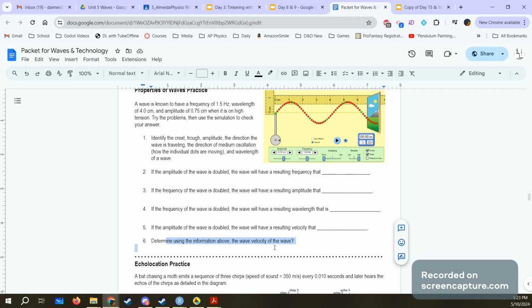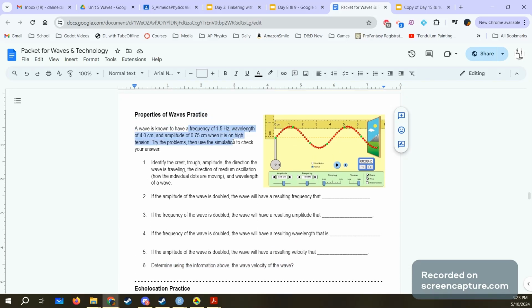To try and figure out what the velocity is, we have to think back to what we know in the beginning. We know that the frequency and the wavelength, if we put those together, we can figure out what the speed of the wave is, because we know that there's a relationship that the wavelength is equal to velocity over frequency.